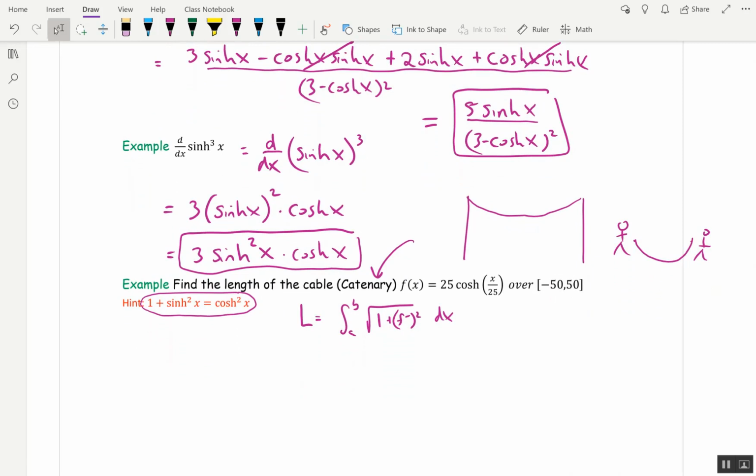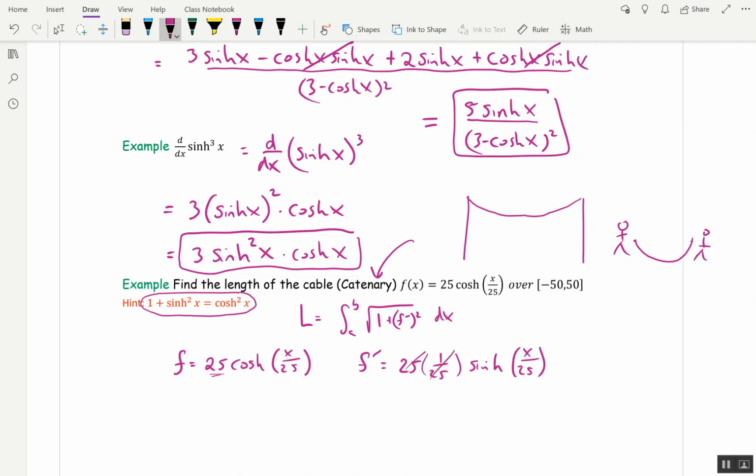So here we go. Our f of x is 25 cosh of x over 25. So we're going to need f prime. This 25 is a constant, so it just carries along. And I'm going to use the chain rule. So I get 25, the derivative of cosh is sinh, leave the inside alone, and then multiply by the derivative of the inside, which is 1 over 25.